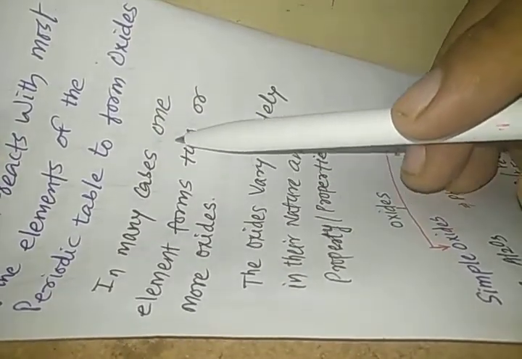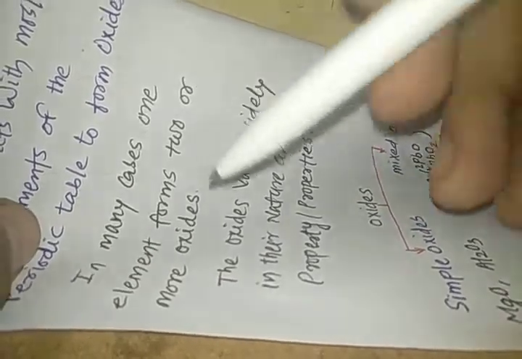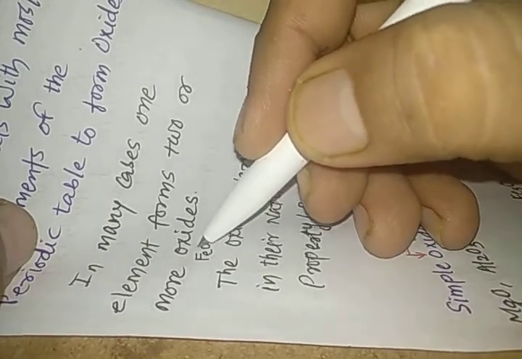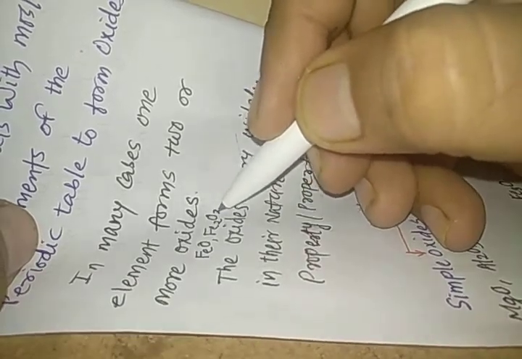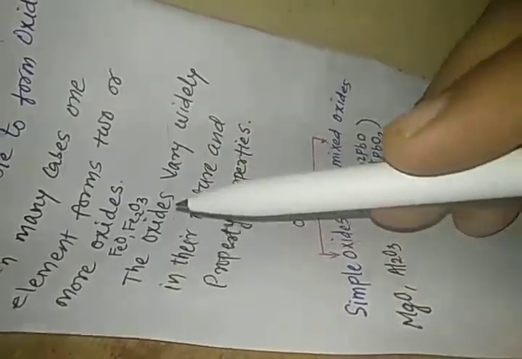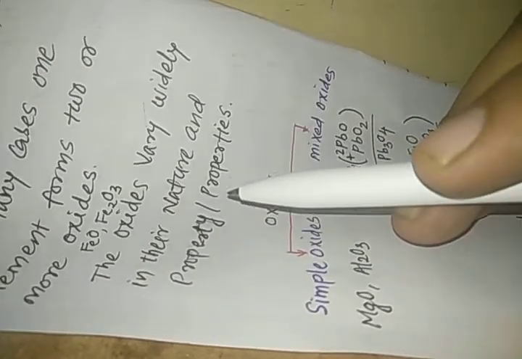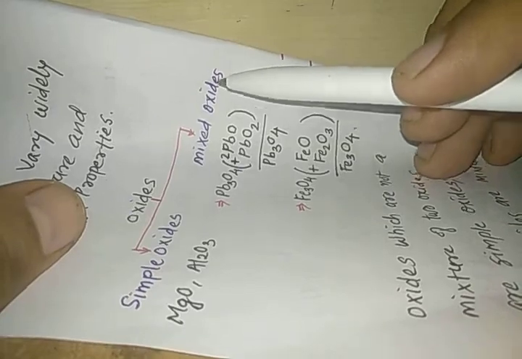In many cases, one element forms two or more oxides, for example FeO or Fe2O3. The oxides vary widely in their nature and properties. We can say oxides are majorly of two types: simple oxides and mixed oxides.